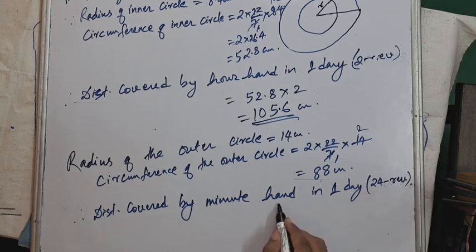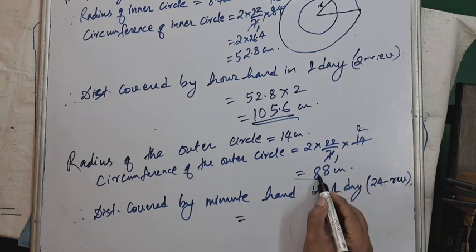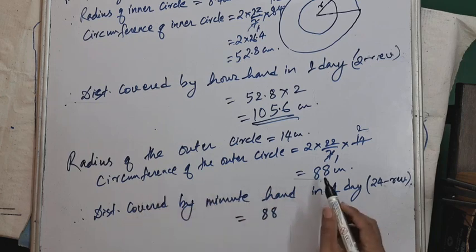The distance covered by the minute hand in one day: in one revolution it covers a distance equal to its own circumference, which is 88 centimeter.